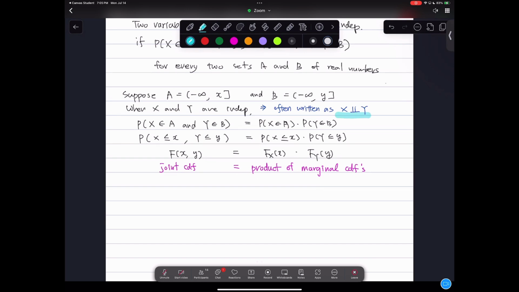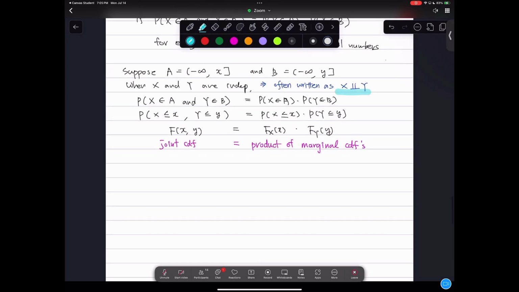All right, so now that I have this, that's exactly what I have in theorem 3.5.4.